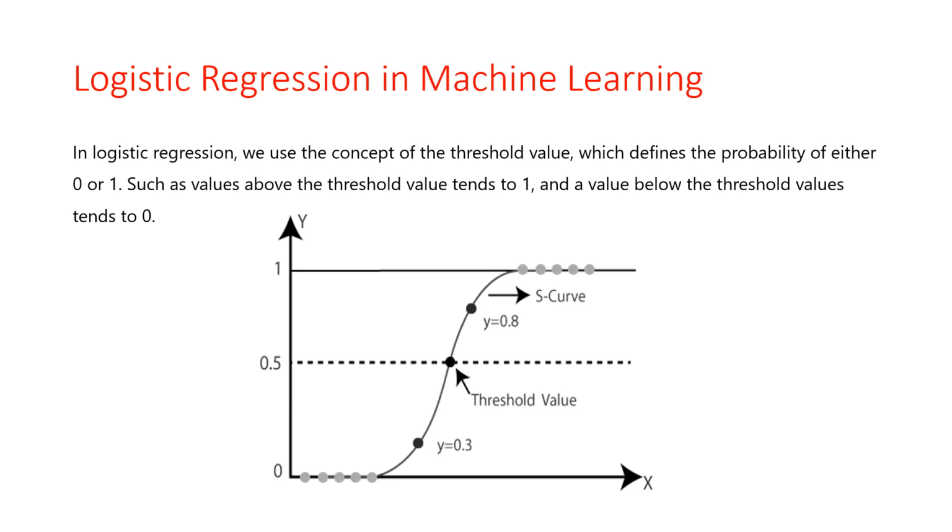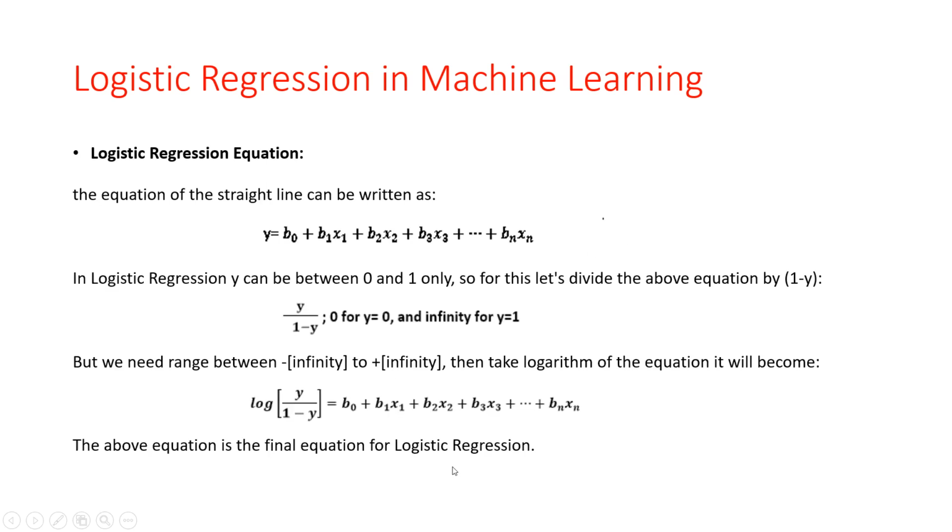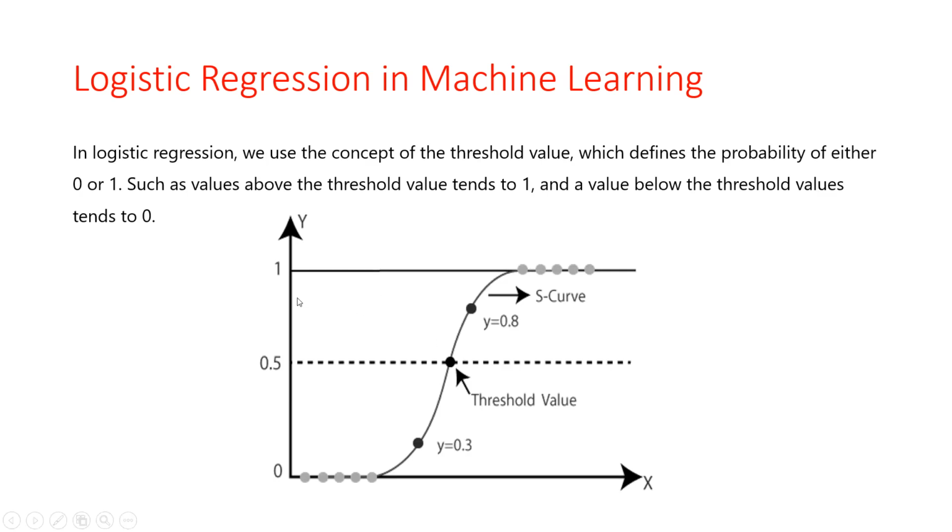In logistic regression, instead of fitting a regression line, we fit an S-shaped logistic function. In linear regression, we get a straight line, but if we use logistic regression, we get an S-like shape. Here we fit an S-shaped logistic function which predicts the two maximum values, 0 or 1. Okay, either we get the 0 value or we get the 1 value.